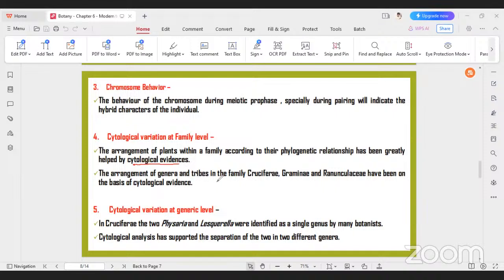The arrangement of genera and tribes in the families Cruciferae, Graminae, and Ranunculaceae has been based on cytological evidence. These arrangements are all based on phylogeny, on chromosome size, structure, and cytological variation at the general level. Here are some examples at the general level.